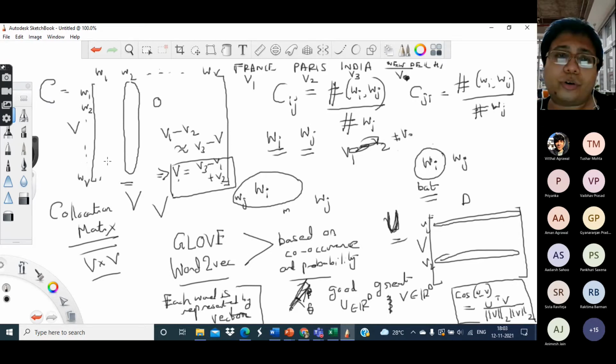Now, if you try to map back which word this vector v corresponds to, every word has its corresponding vector representation. You are trying to find which word this v is closest to, and you will find that the word is actually New Delhi. So people have played these kinds of games using these word embeddings and have found them to be quite successful.